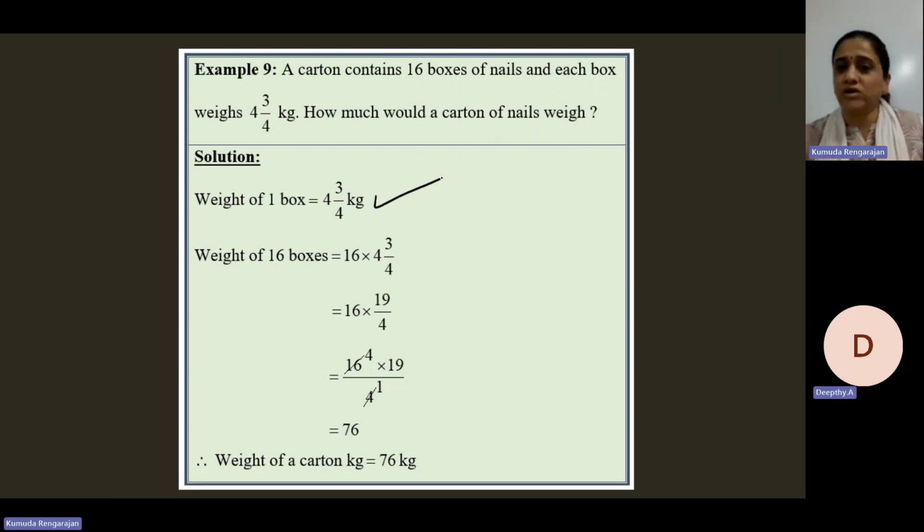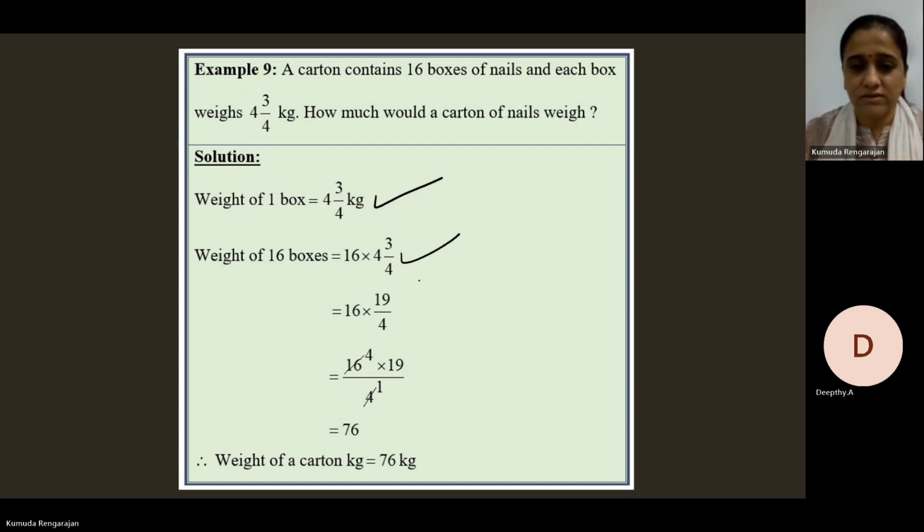Yes, Deepthi. To find the answer, we have to multiply 4 3/4 by 16, right? Yeah, to find the answer, we'll have to multiply 16 and 4 3/4. Yes.